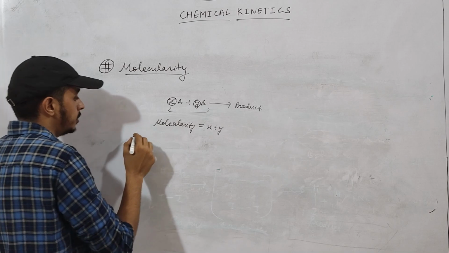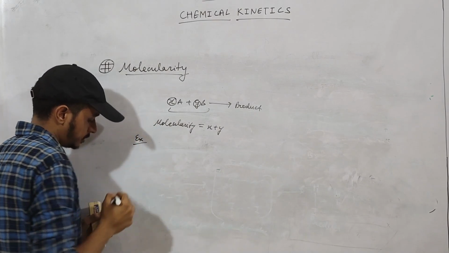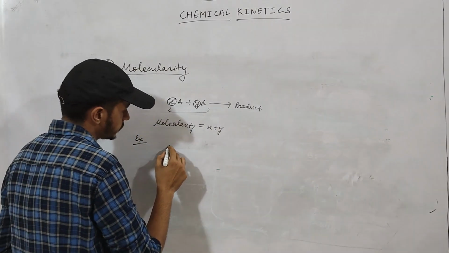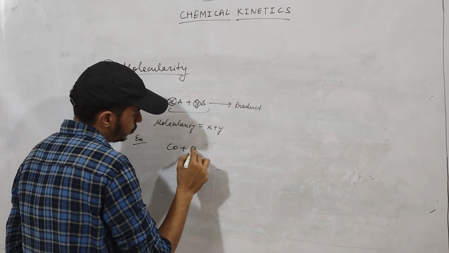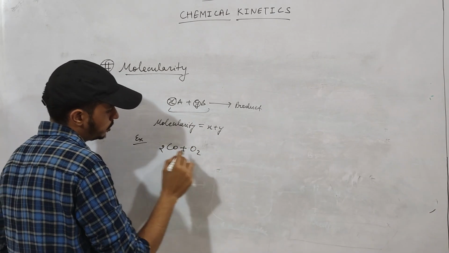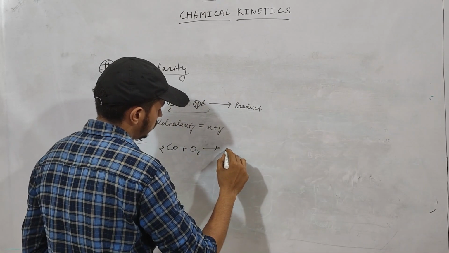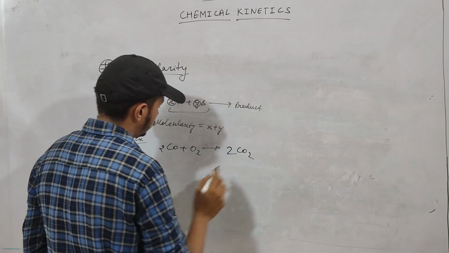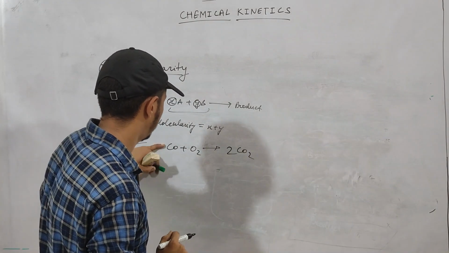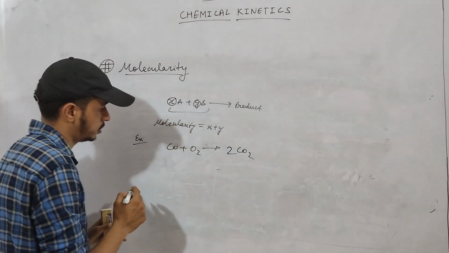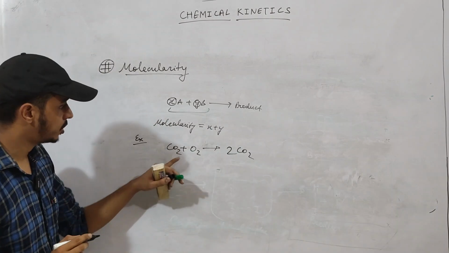And now take a different example. Let's say when CO reacts with O2, it will become 2CO2. So now this reaction is balanced.